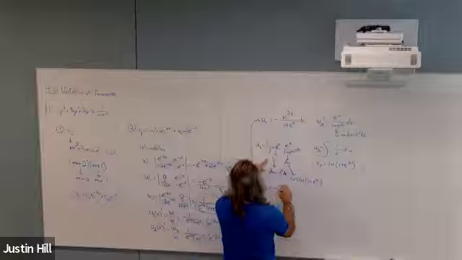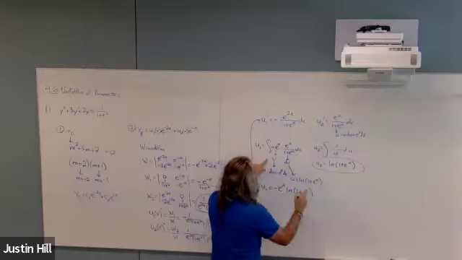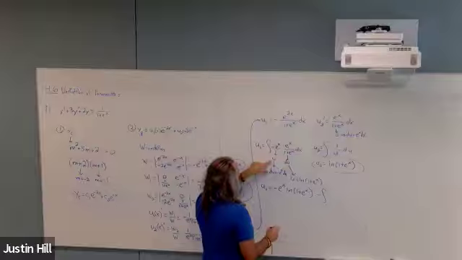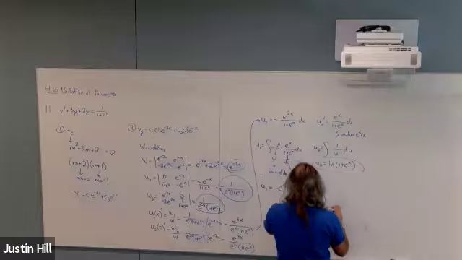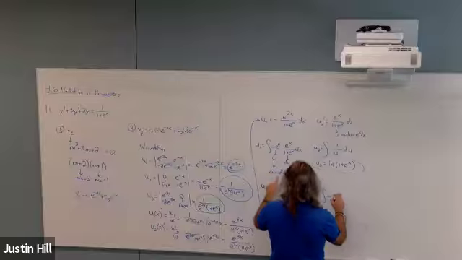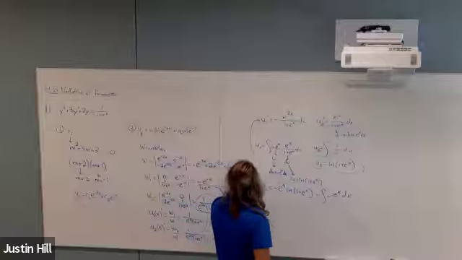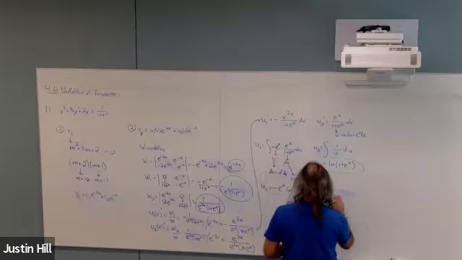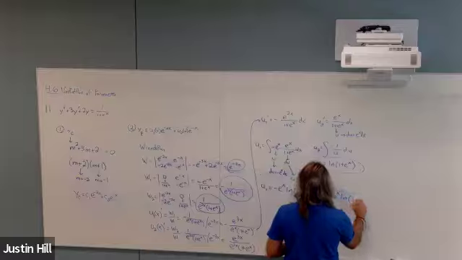That's going to be negative e to the x natural log of 1 plus e to the x minus the integral of now negative e to the x dx times natural log of 1 plus e to the x.